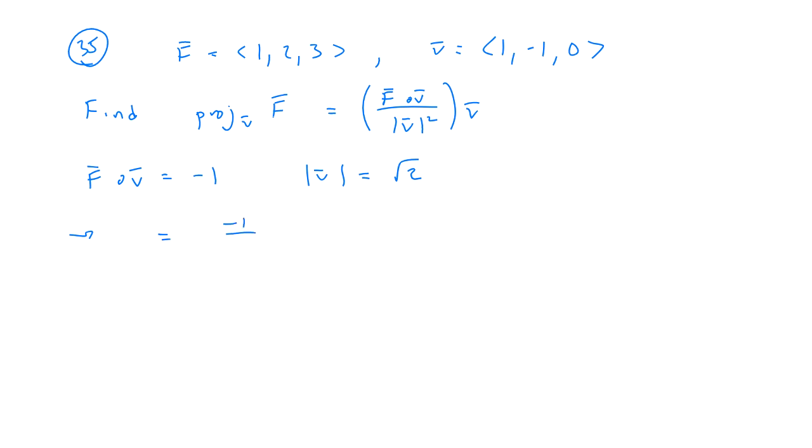Since we're squaring it, we then get -1/2, and then multiplied by vector v. So that would be our vector. As I said yesterday, I don't worry about which way you present it, so you can either leave it like that, or you can multiply it out to make it -1/2, +1/2, comma 0. So either way.